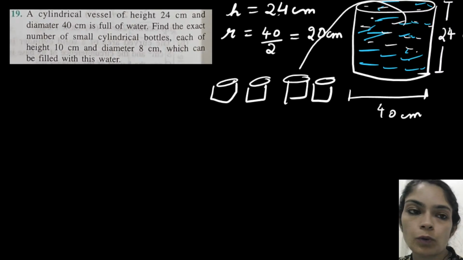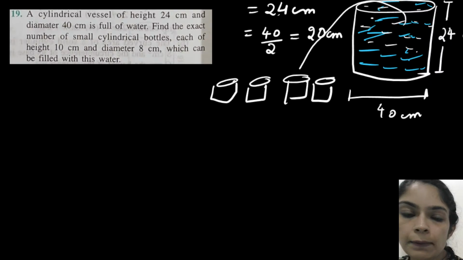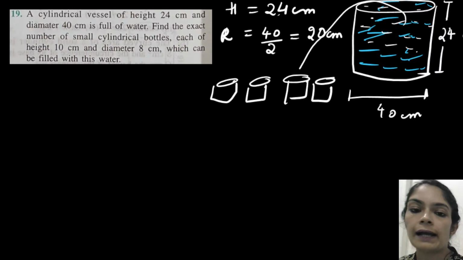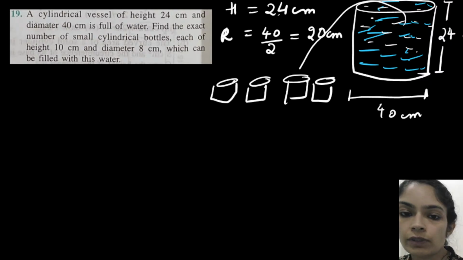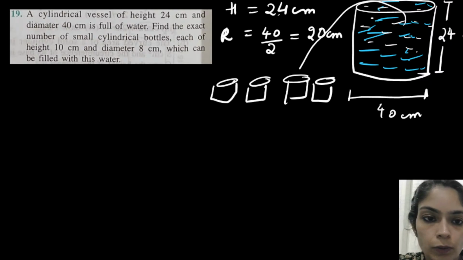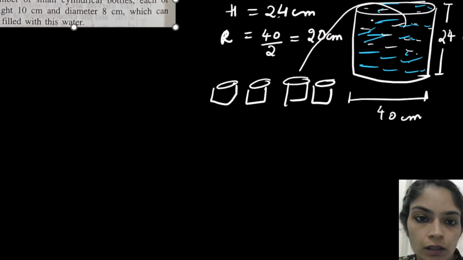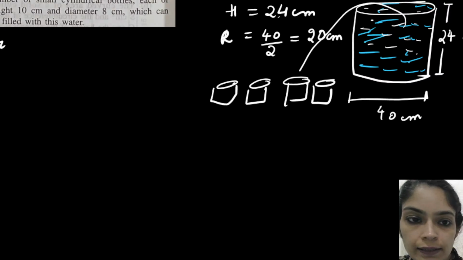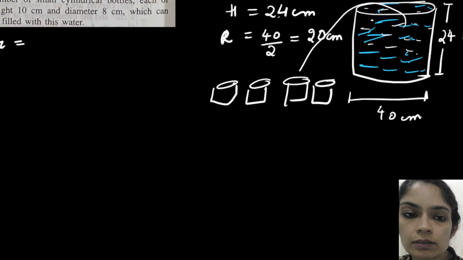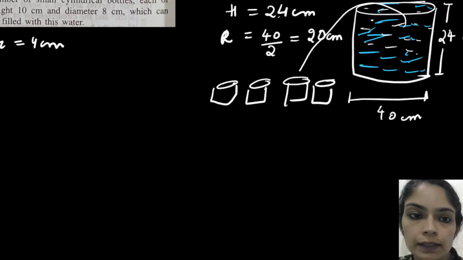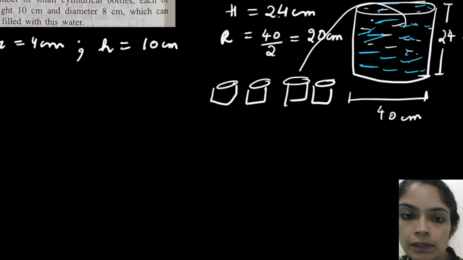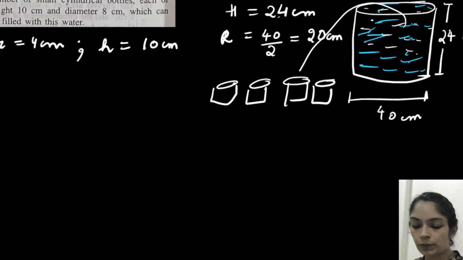I'll write the dimensions of this one as capital H and capital R, and the dimensions of the small one with small h and small r. The small cylinder's radius is 8 by 2, because its diameter is given to us, so that will be 4 centimeter, and height, which I am writing as small h, is 10 centimeter. I hope you have understood the situation.